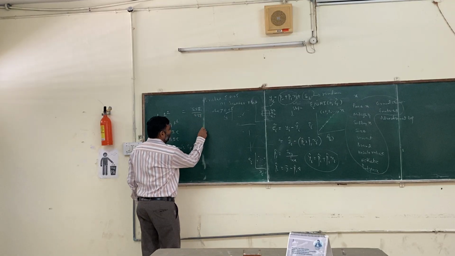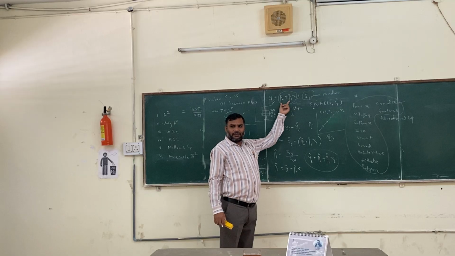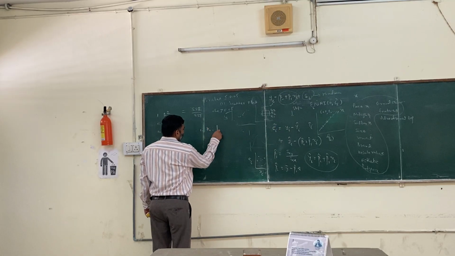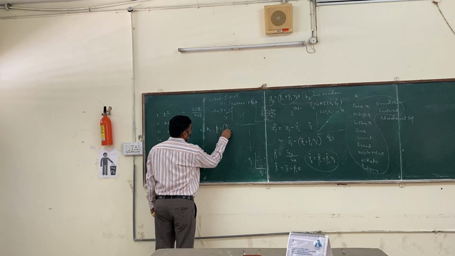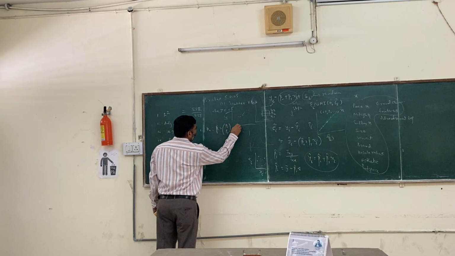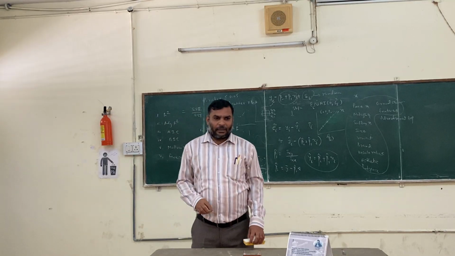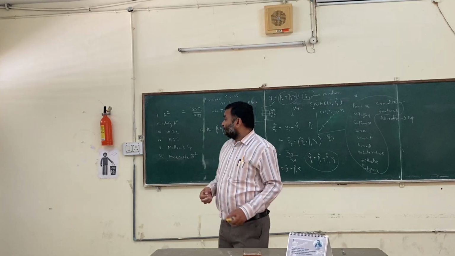You are saying, sir, how many parameters have we considered here? Two parameters, beta 0 and beta 1. So if I am writing these two parameters as beta, H0: beta 0 and beta 1 are equal to 0. It means beta 0 is 0 and beta 1 is also 0. Now what is the versus?